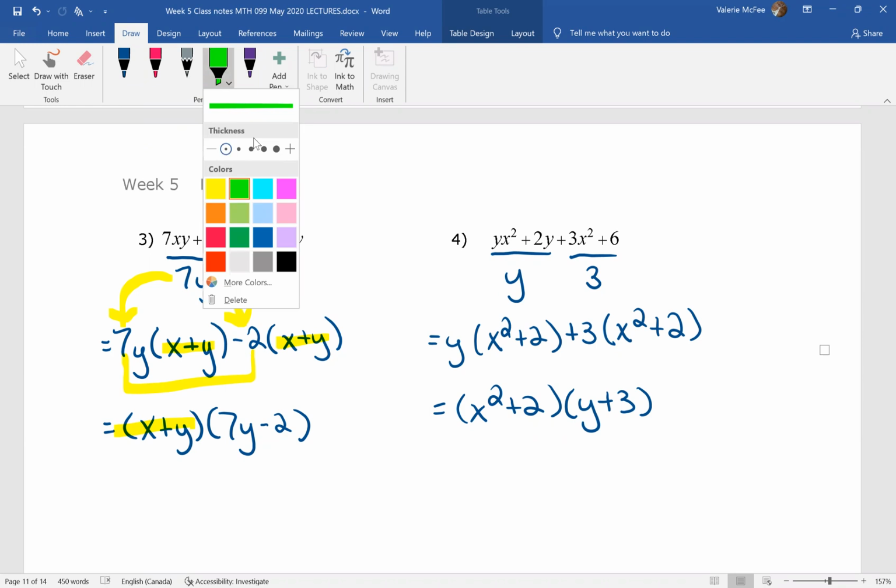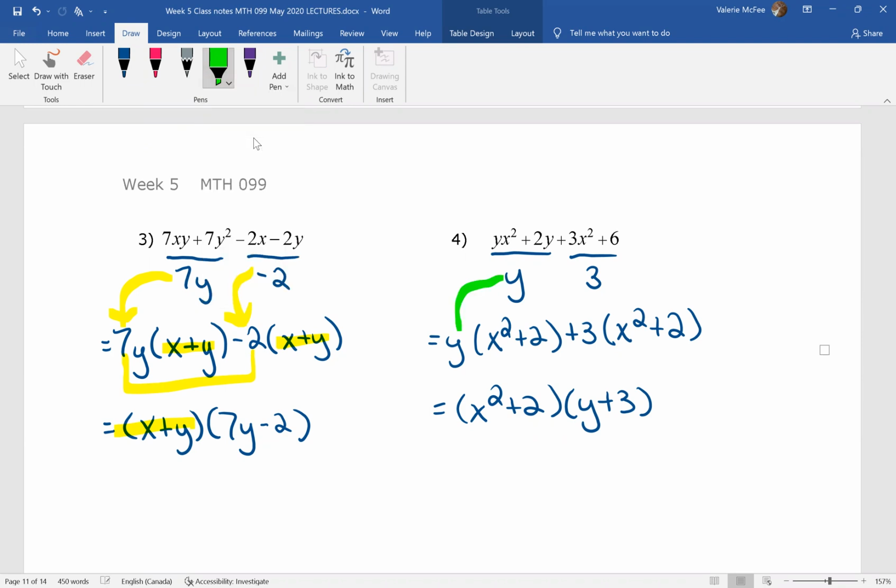In question 4, y was the greatest common factor of the first two terms. Oh, I forgot to write my plus sign there. Plus 3 was the greatest common factor of the last two terms. We found that x squared plus 2 is a common factor, and we multiplied it by the quotient.